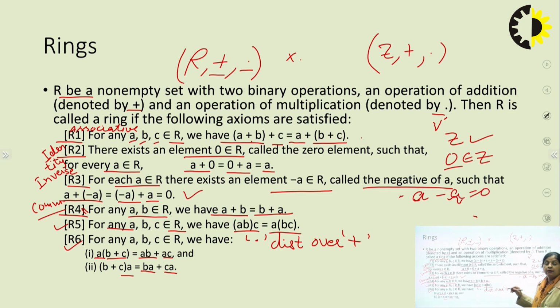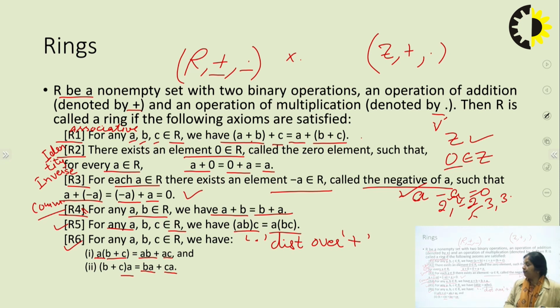So we have to check if A is an integer, whether minus A is an integer or not. And we know that if 2 is an integer, minus 2 is also an integer. If minus 3 is an integer, 3 is also an integer. It means the inverse property holds for integers with respect to addition. So our third property also gets satisfied.